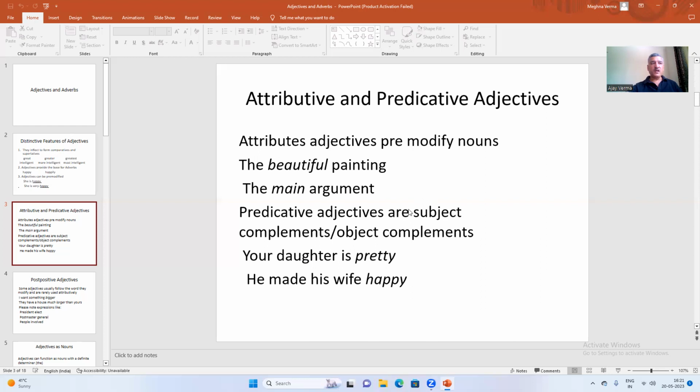So just to repeat myself, adjectives can be attributive and predicative. Attributive adjectives come before the noun, whereas predicative adjectives come after the noun as well as after the verb. Predicative adjectives can either be subject complements or they can be object complements.